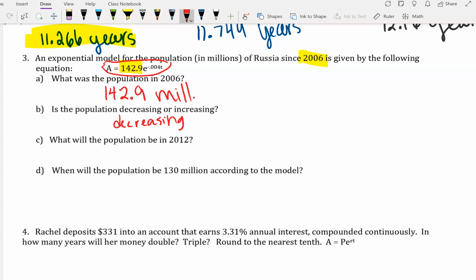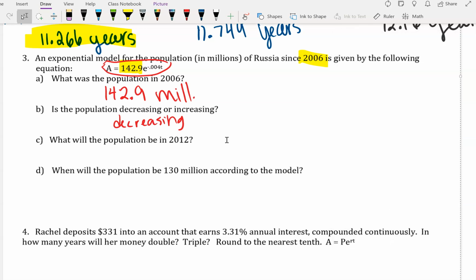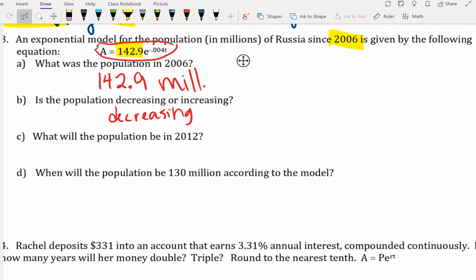I'm going to do this with the graphing calculator just to save us a little bit of time so this video isn't forever long. Actually no, I'm not doing the graphing calculator. I'm not going to take the lazy way out.